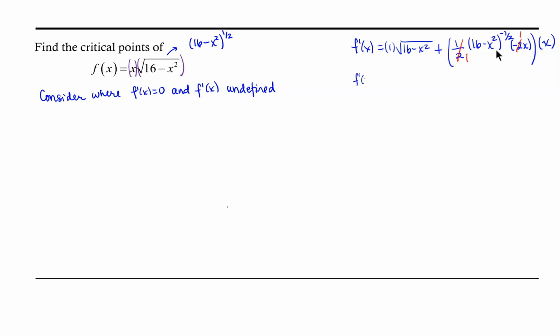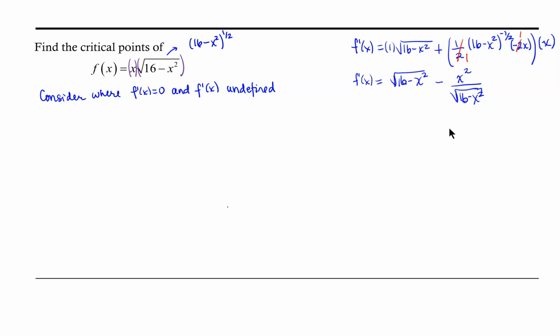So f prime of x is equal to the square root of 16 minus x squared. We do have this negative and x times x. So we'll have a minus x squared over the square root of 16 minus x squared. Now, keeping in mind that we need to be able to find where the derivative is 0, let's go ahead and create a common denominator and combine these two terms.